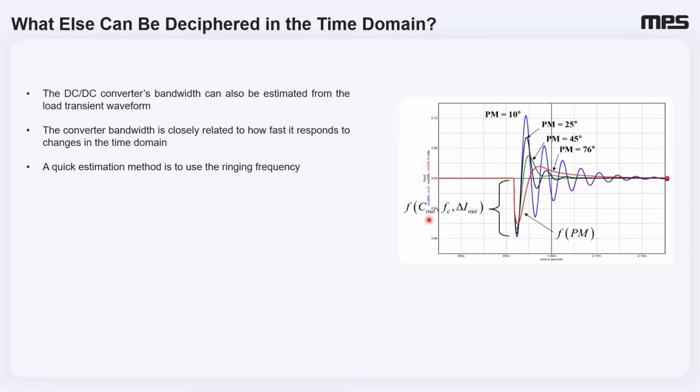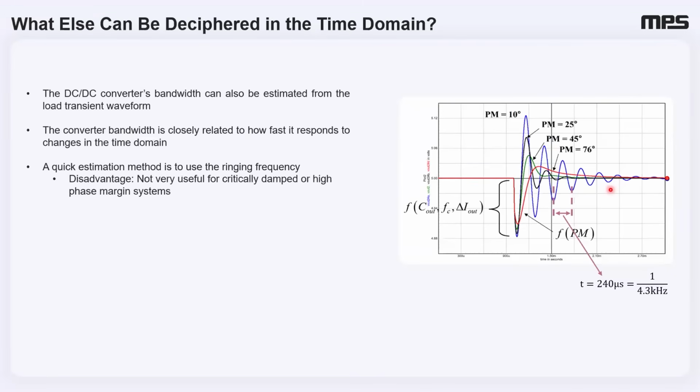One quick estimation method, particularly useful for oscillatory systems, is to use the ringing frequency itself. For example, in this particular case, we see a ringing period of approximately 240 microseconds, which corresponds to a bandwidth of 4.3 kilohertz, highlighting the inverse relationship between time and frequency domain parameters.